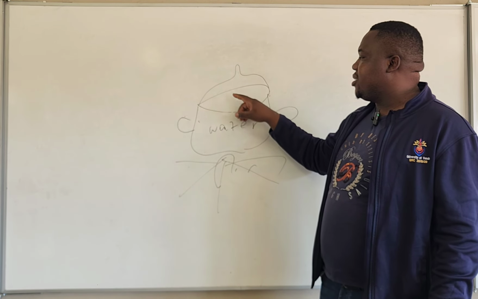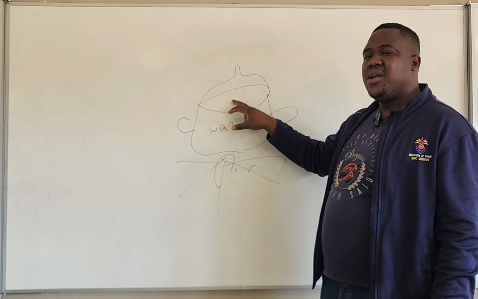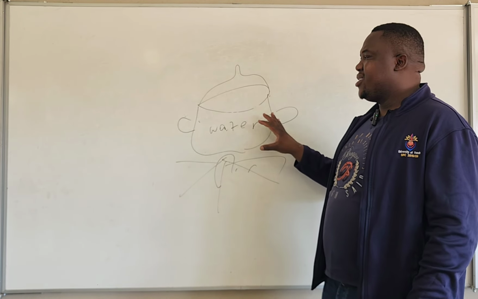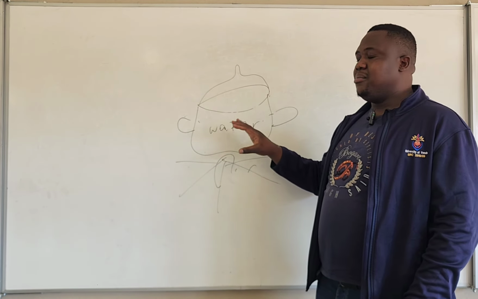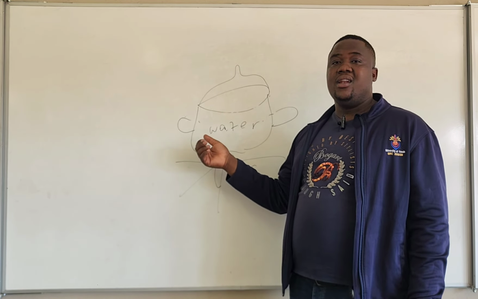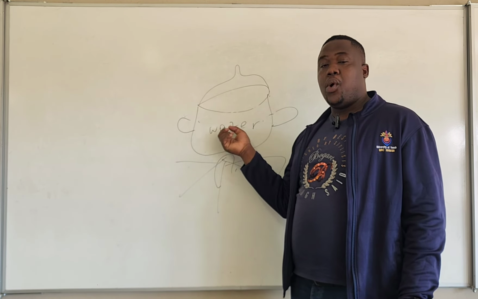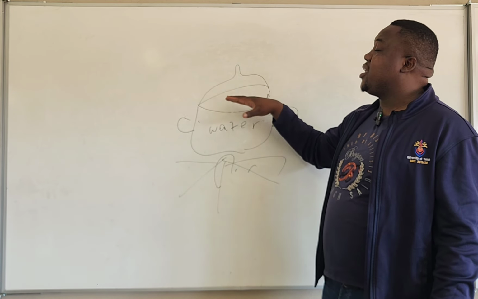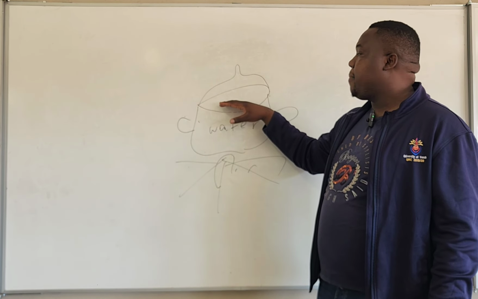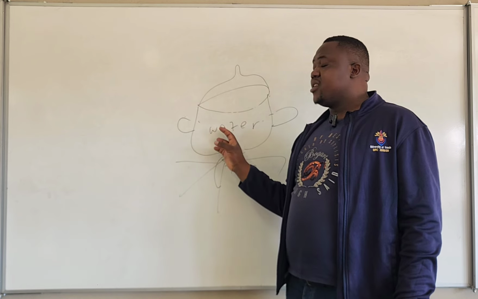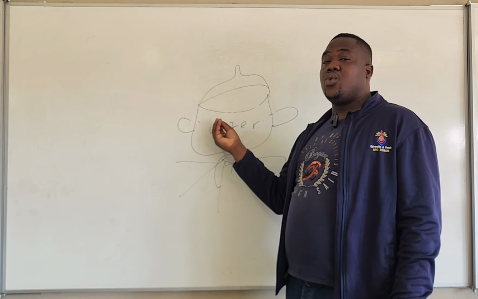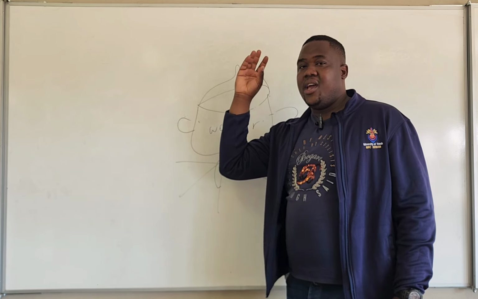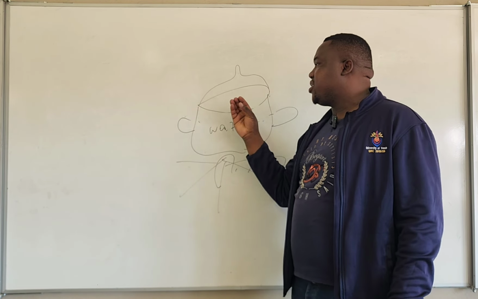But because this pot is closed, we have made this system a closed system. I'm just giving you an ideal example using a pot. So, there is nothing that is going to escape this pot. When water is converted to water vapor, the water vapor will try to escape, but it will not manage to escape.